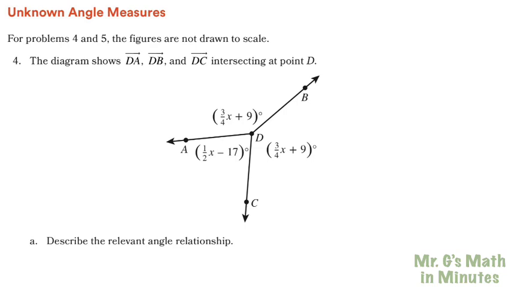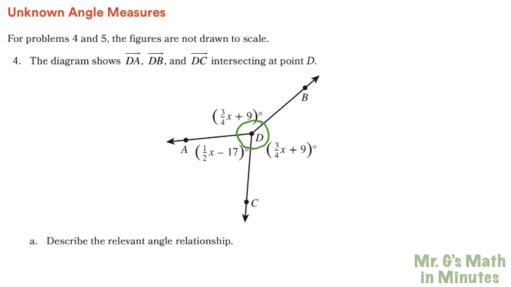The lines don't create straight angles. There are no opposite angles here. The only thing that is possible is angles on a point. So if we take all three of these angles, add them all up, we will have our answer, our equation. So describing the relevant angle relationship, relevant meaning which one's going to give you a number to put it equal to, this one would be angles at a point.